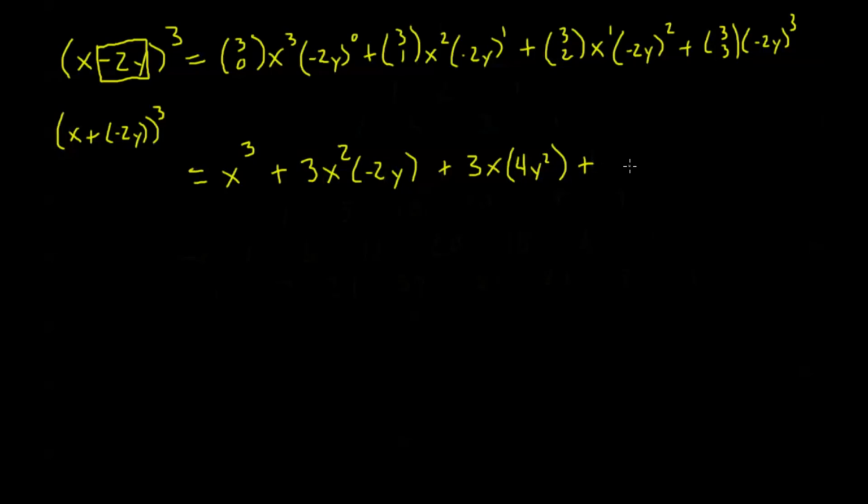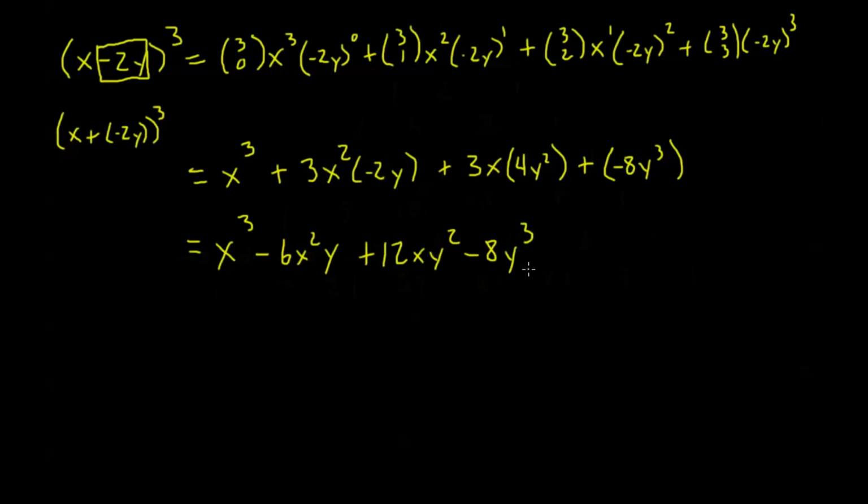Plus, now 3 choose 3 is 1, so I just have negative 2y cubed, but that's the same as negative 8y cubed. So finishing this out, this is going to be x cubed minus 6x squared y plus 12xy squared minus 8y cubed.